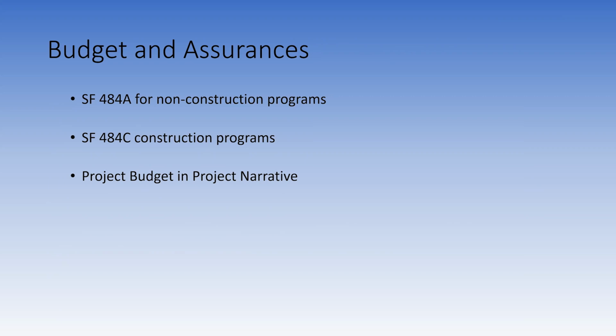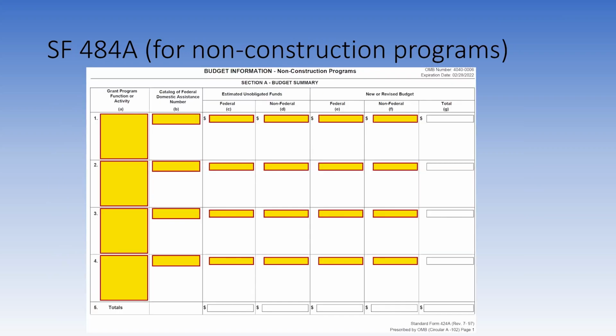And if you have a really heavy construction project, like Dr. Livingston gave us the example of the school, that sounds like a heavy construction project to me, then you go off to SF 424C for the construction programs. There's also a project budget and the project narrative, which is a written guidance of what the project is all about. So let's take a look at these.